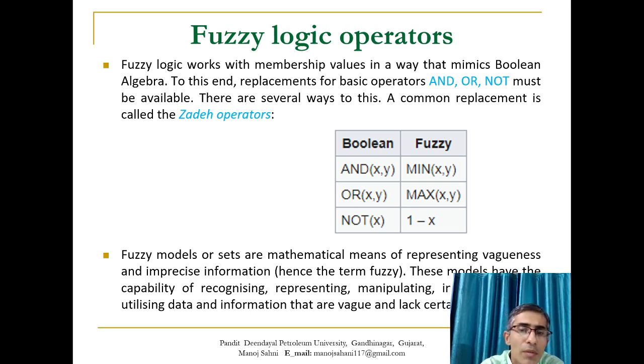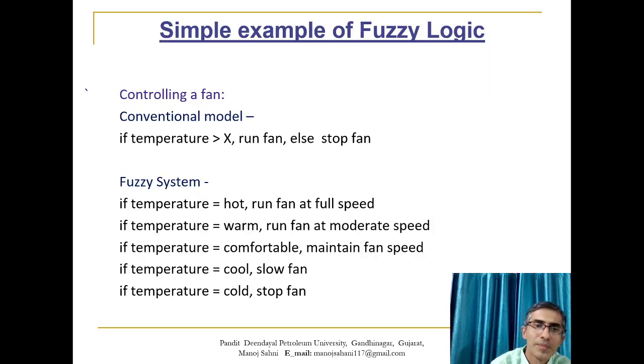The Boolean OR changes to maximum in the fuzzy way. And the Boolean NOT becomes 1 minus x. So instead of AND, OR, NOT, we use min, max, and the difference operators.